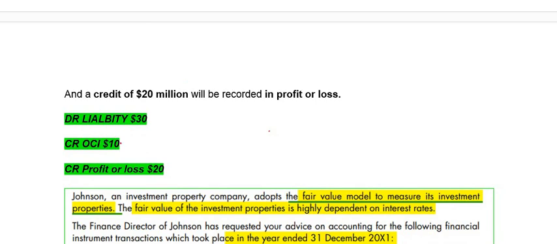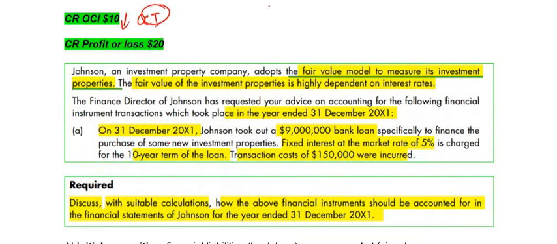So you will just pass this entry. The whole liability is decreased by 30 million, so we will debit it, and due to credit worthiness it will go to OCI, and the remaining will go to the profit or loss.